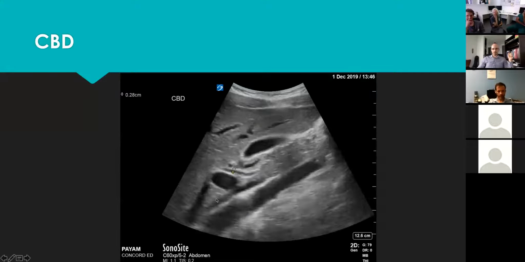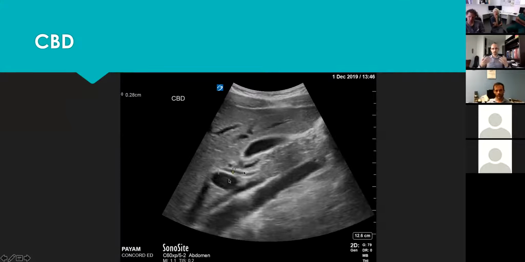For the CBD, usually what we see is two tubes parallel to each other. The bottom one would be the portal vein, and the top one would be the CBD. The hallmark of the CBD is that it has very hyperechoic walls, which makes it very similar to an artery.